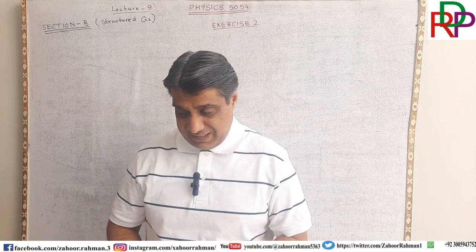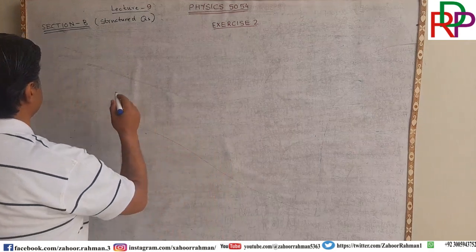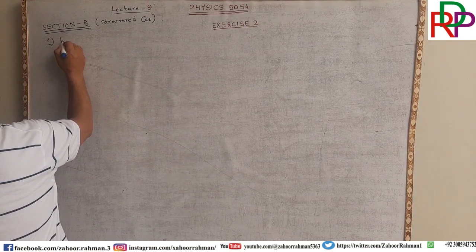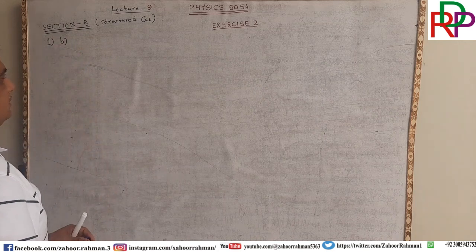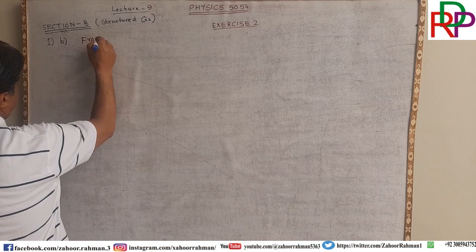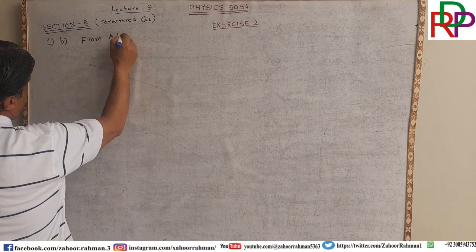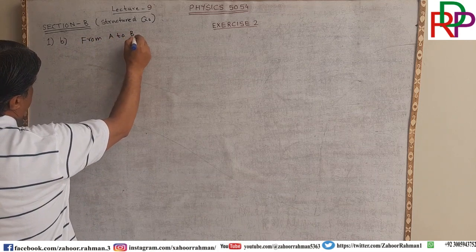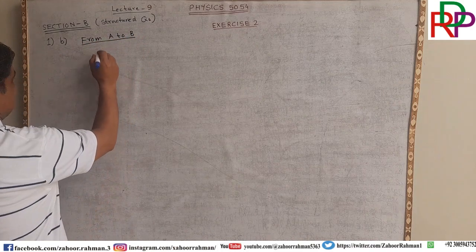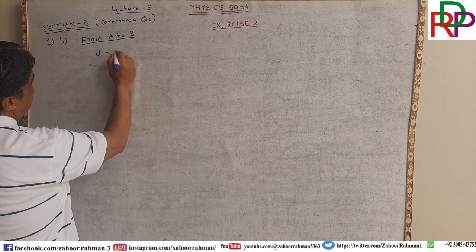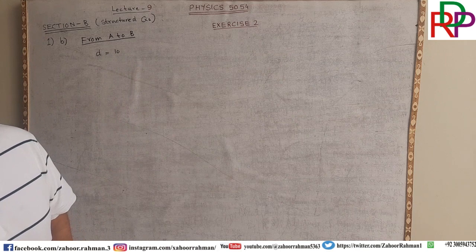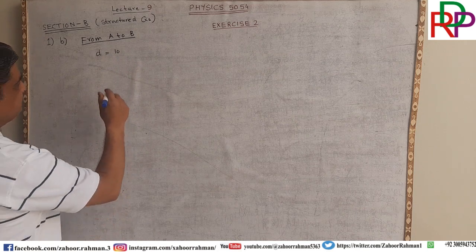It is given in the question, this is the one number question and B number part. From A to B, the distance is 10 kilometer.